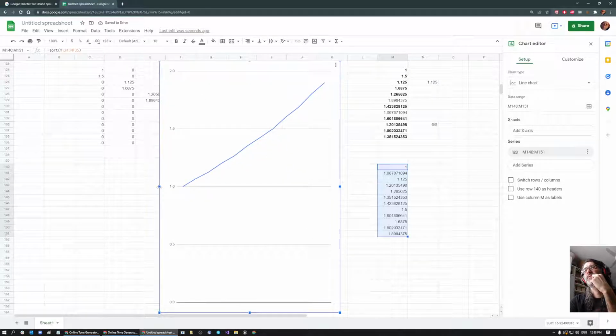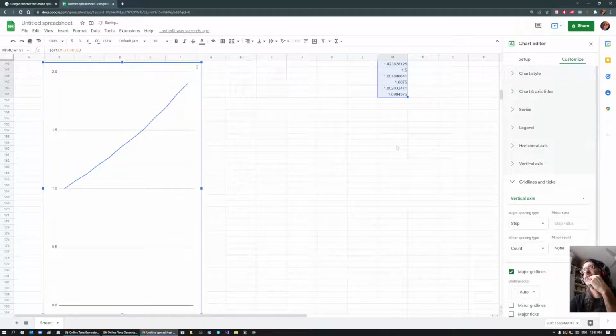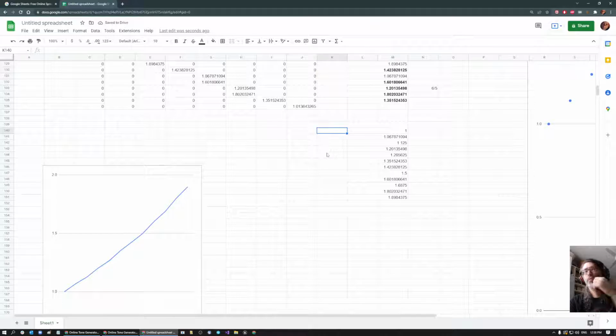Now the other line that we want to do is, let's say we want it to match actually. So we want to make another column here that's going to start with 1 and finish with 2, but with constant ratio increment.